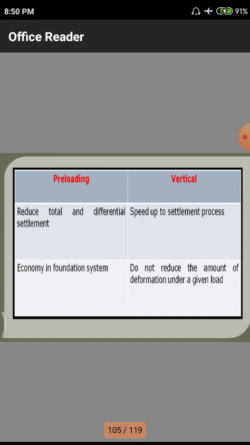What is settlement? Whenever we apply a particular amount of load, the soil has to settle by a particular amount, in mm or any other unit. But in case of vertical drains, it only speeds up the settlement process.